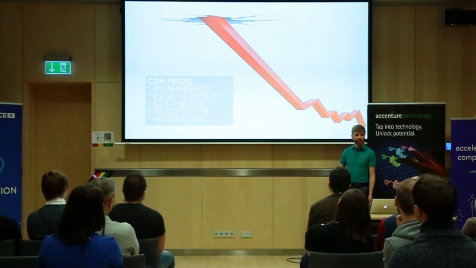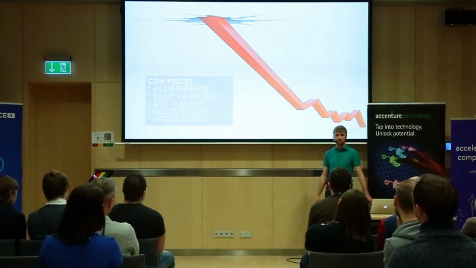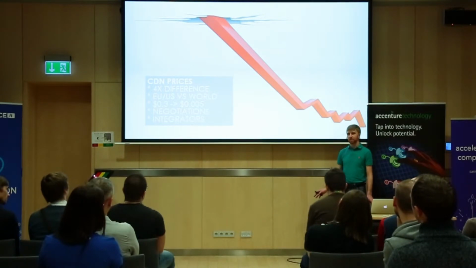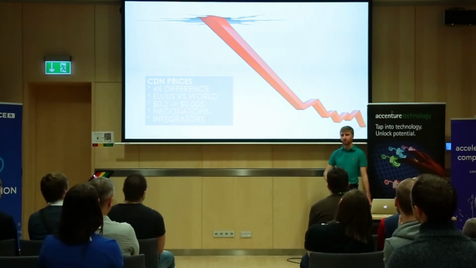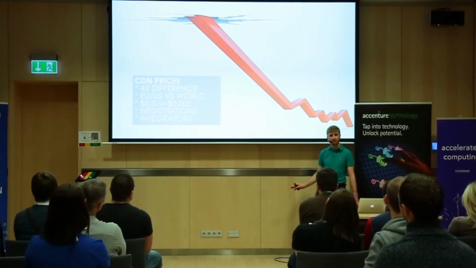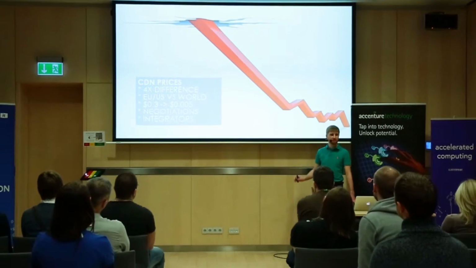But if you're moving something like 1 petabyte per month, the price could go down to half of a cent. So there's a very huge variation in prices. And they're not set in stone. A few years ago, you couldn't negotiate your prices. Nowadays, you could negotiate your prices and conditions with everyone, including Akamai.